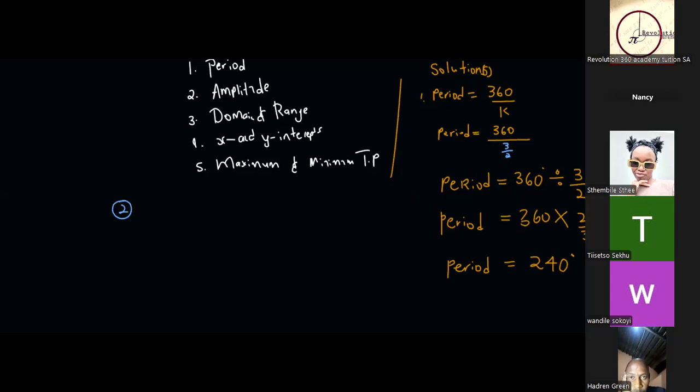Remember, they gave us the equation y is equal to sine of 3 over 2 theta. So what is going to be our amplitude? Our amplitude is going to be 1, because here we're having 1.